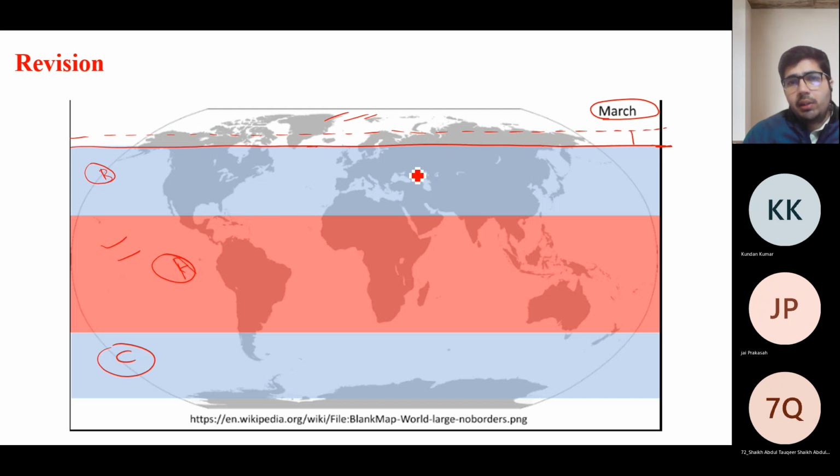In that centimeter, suppose this is the area, this area is currently frozen, but due to the increase in temperature, the iceberg will start melting, and the sea level will rise.